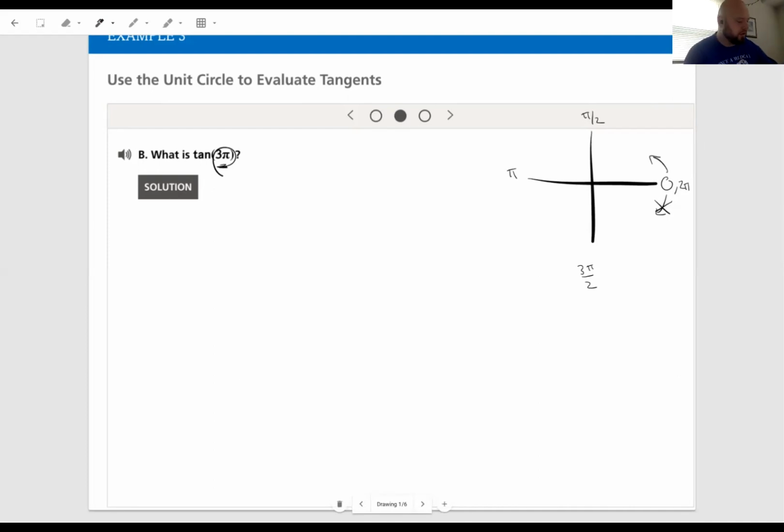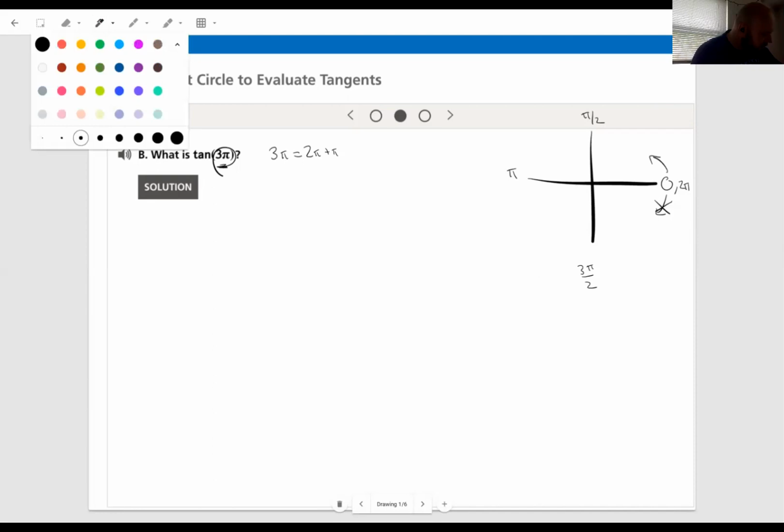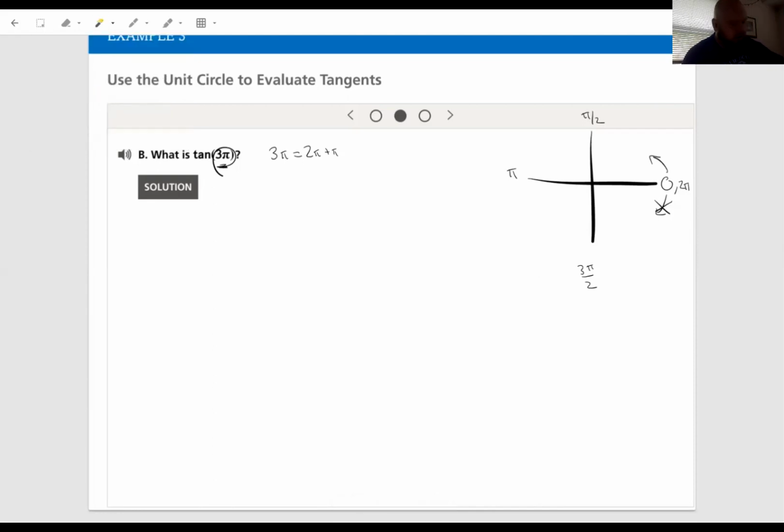So 3 pi, you should be able to see, is 2 pi plus 1 pi. It's like we made a full circle and then we went another pi. So essentially what we have, our angle is a straight line in the end.